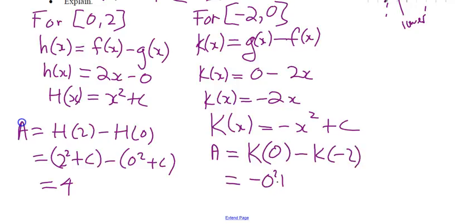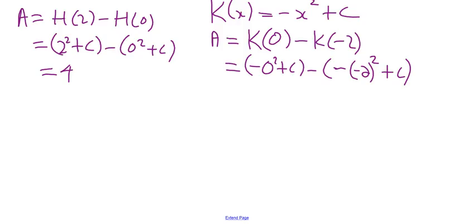So it's negative 0 squared plus c minus negative the negative of negative 2 quantity squared plus c. So this one here is just c. Minus, okay, so that's 4, that's negative 4, minus negative 4 becomes plus 4, minus c. That area is 4, 4 plus 4 is 8, right?